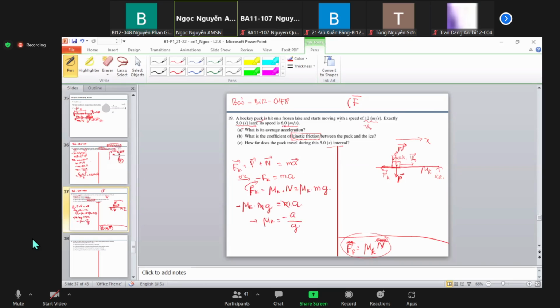Because here it is in fact a deceleration, so it must be negative. So the question is, we don't know A. You didn't calculate that part. So first you have to calculate the A part, and then you will solve it like this. So how about A?